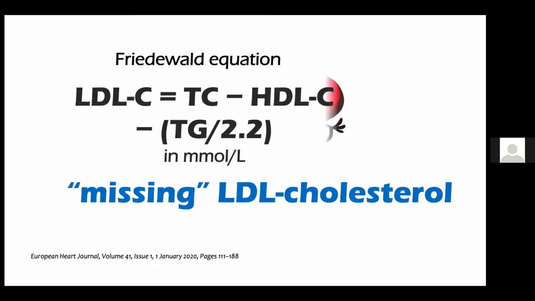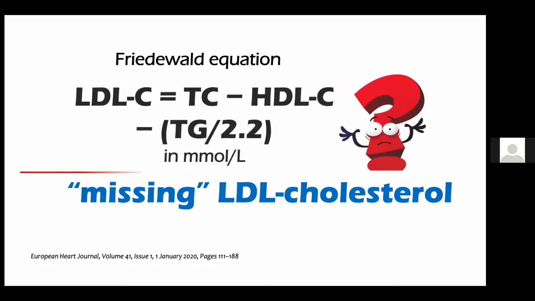And the equation that is used is the equation in front of you. The LDL is calculated from the total cholesterol minus HDL minus triglyceride divided by 2.2, when it is expressed in millimole per liter.